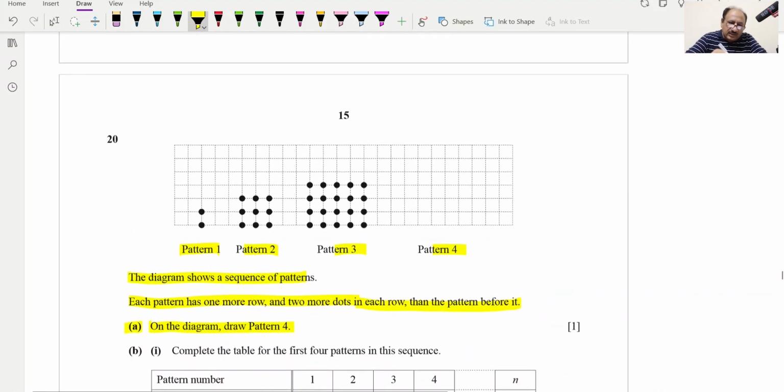So we will check properly. We will be checking how much the gaps are. You can see this is 1, 1, so we will be leaving 1 gap and we will be starting from here. You can see this is 2 rows, 3 rows, 4 rows, so this will have 5 rows.